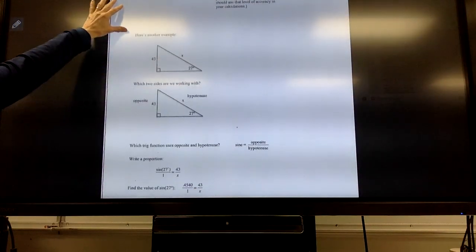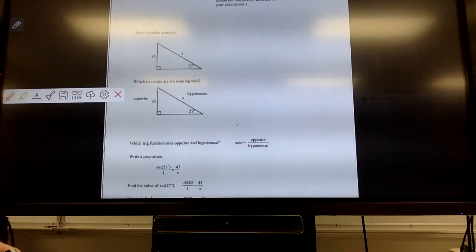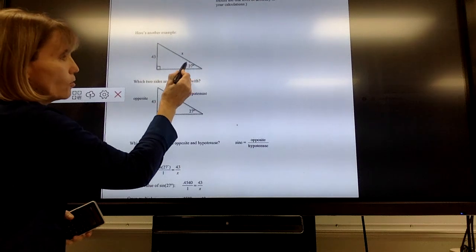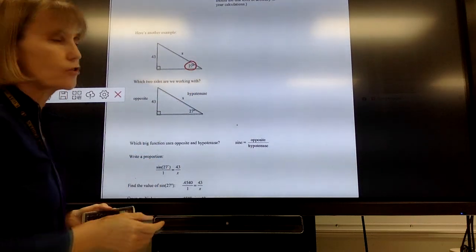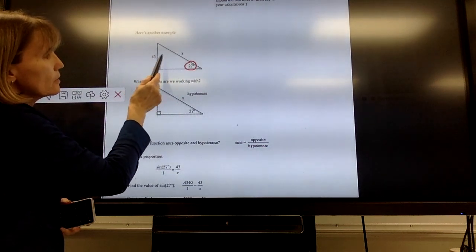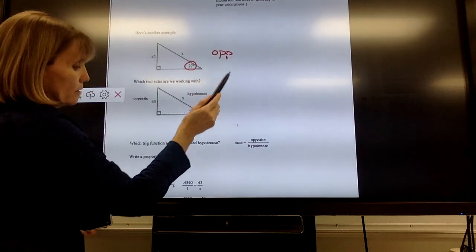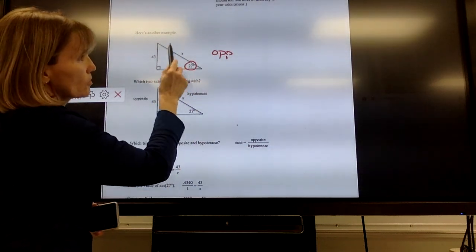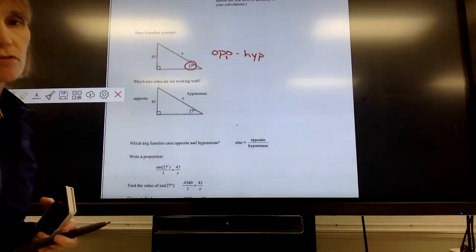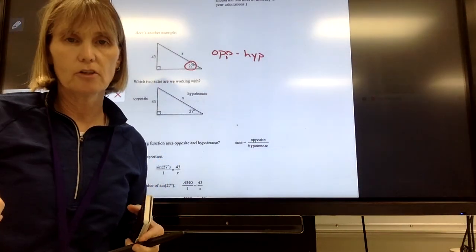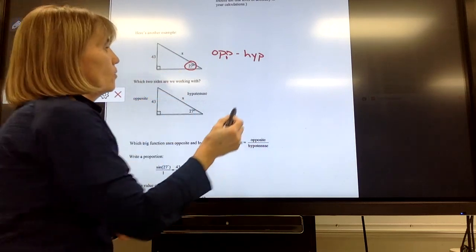Okay, let's look at another example. We're given a right triangle here, and this time we're given this angle measure. From that angle measure, which side lengths have been labeled in the triangle? The opposite leg has been labeled, and the hypotenuse has been labeled. So you think to yourself, which of those trig functions, sine, cosine, or tangent, deals with opposite and hypotenuse? Well, that would be the sine.